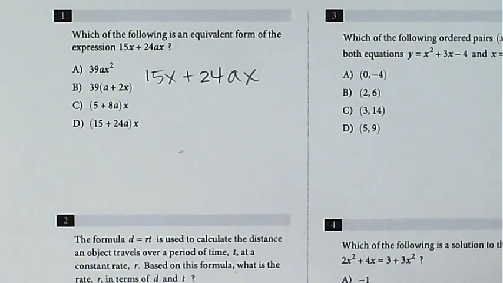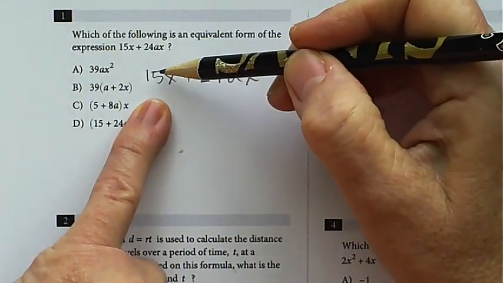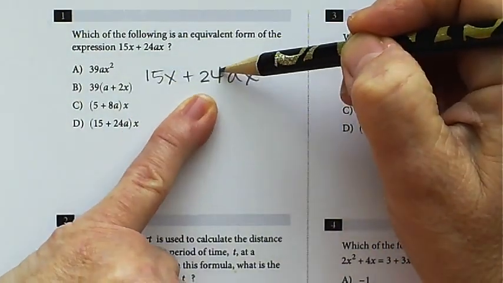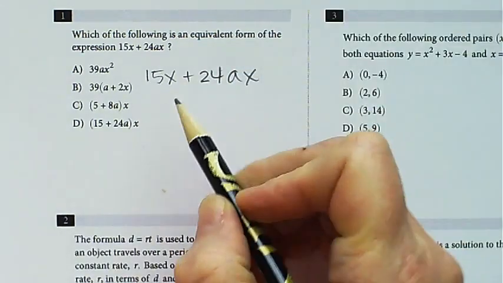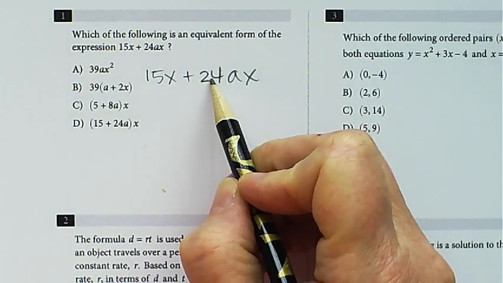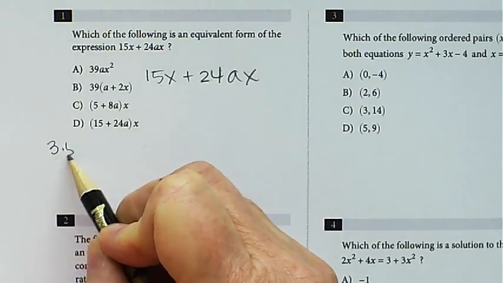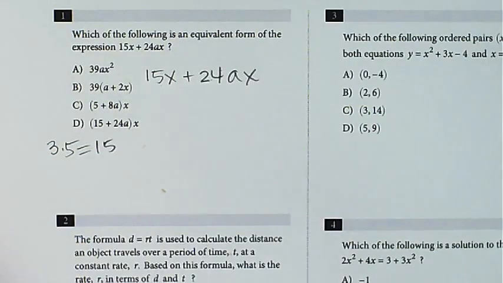So the first thing I want to point out is the coefficient of 15, the coefficient of 24. Those are both multiples of 3. 3 times 5 is 15.